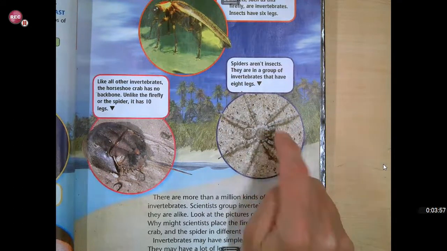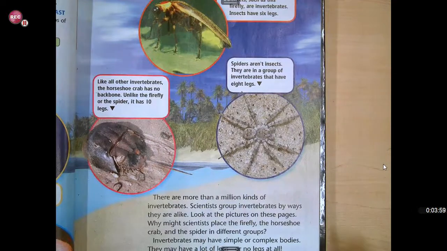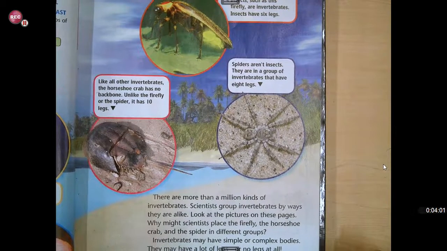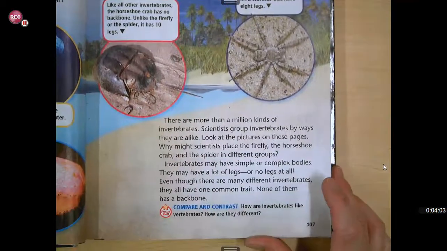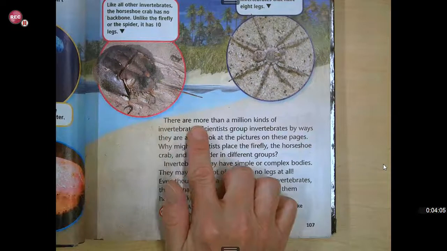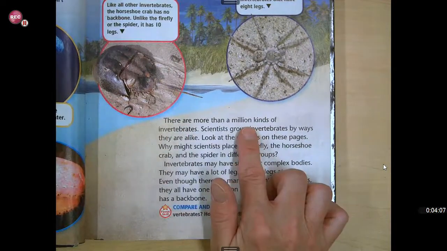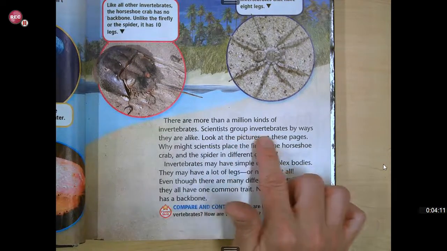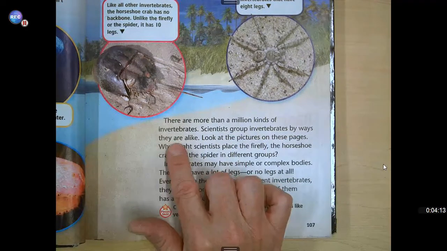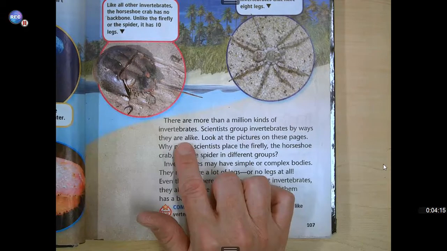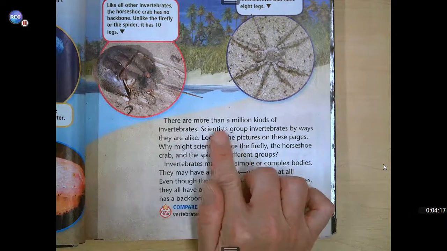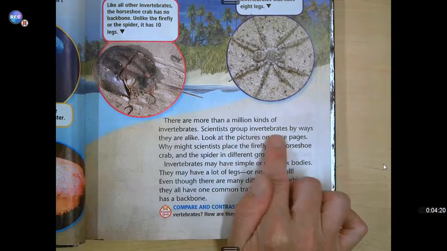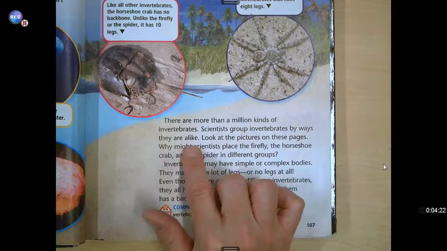So here again, spiders do not have a backbone. They're invertebrates. There are more than 1 million kinds of invertebrates. Scientists group invertebrates by ways they are alike. Okay, let me read that again. That's going to be important. Scientists group invertebrates by ways they are alike.